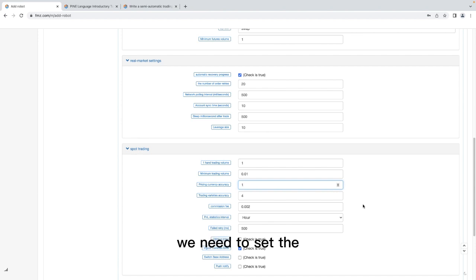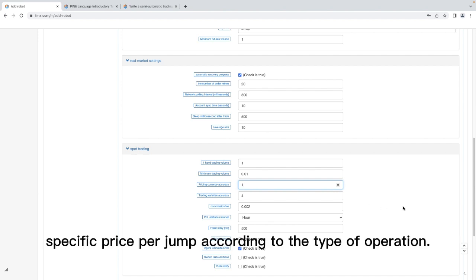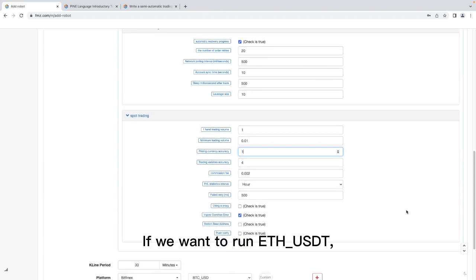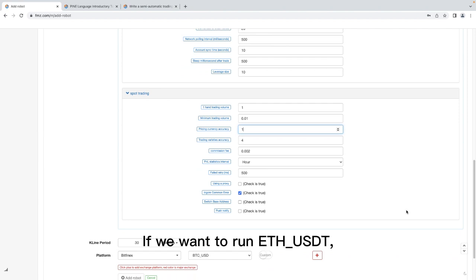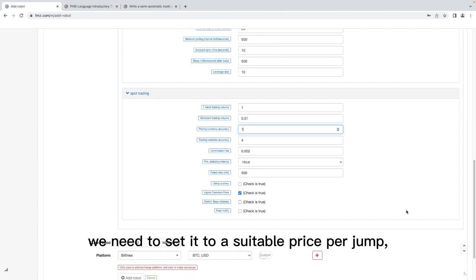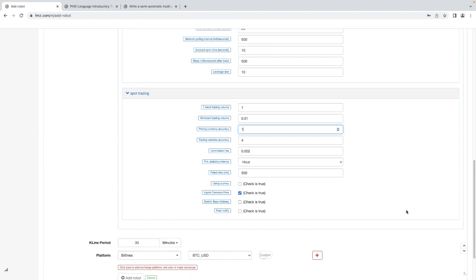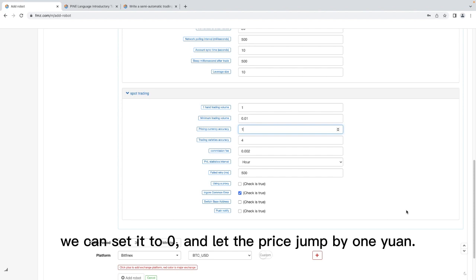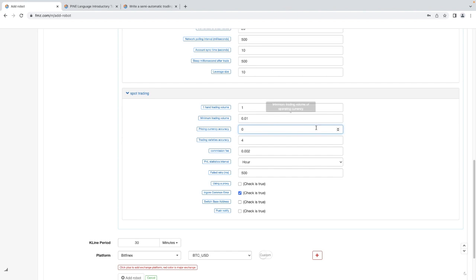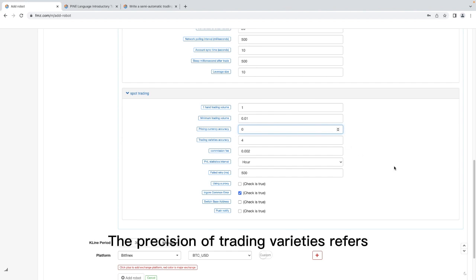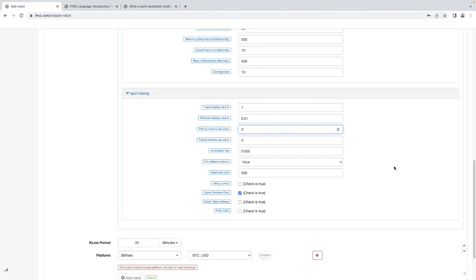We need to set the specific price per jump according to the type of operation. If we want to run ETH USDT, we need to set a suitable price per jump. We can set it to 0 and let the price jump by 1 yuan. The precision of trading varieties refers to the decimal place of the order quantity.